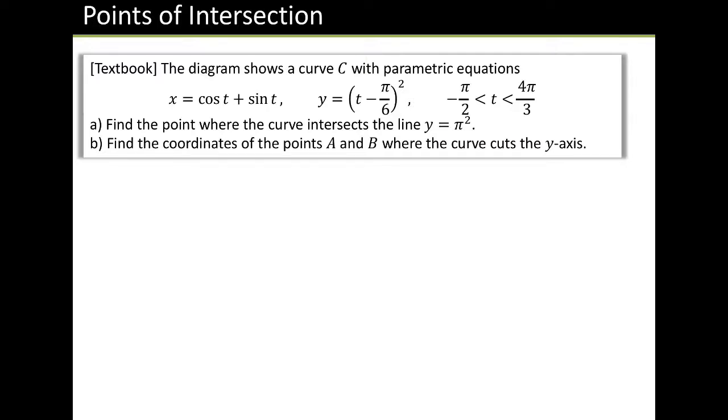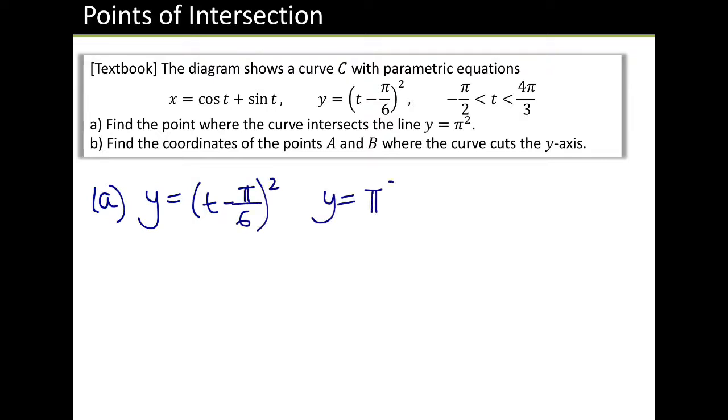So if I look at part A, what I can do is take these two pieces of information about y, and because we're saying point of intersection, they're going to be there together, we're looking at this. Now, you want to square root, but you've got to remember, if you square root, then you get a positive and a negative value.